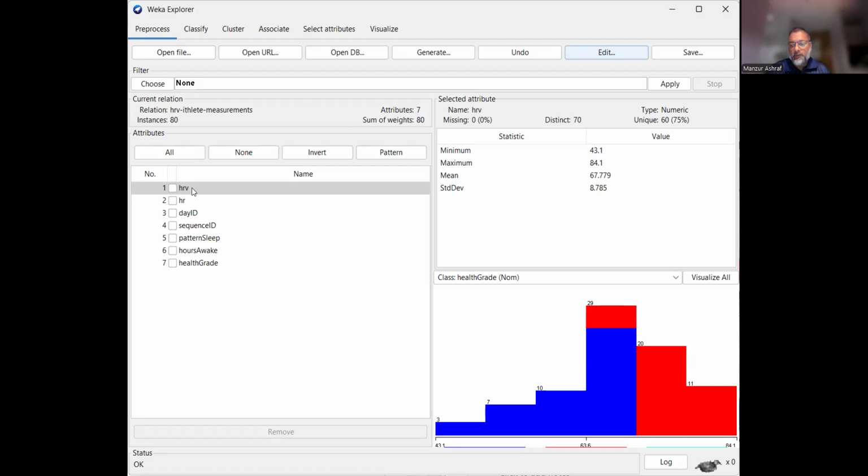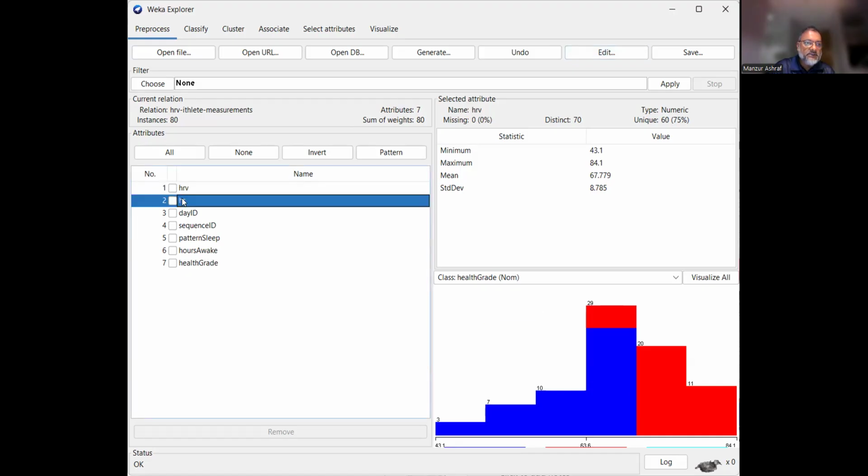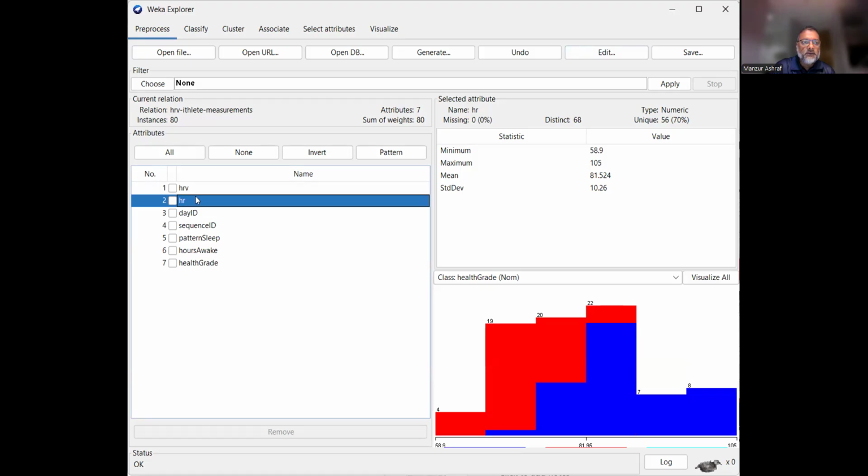We need to have the domain knowledge first. So HRV, if it is higher, it is better, right? Which means the opposite for HR: if it is higher, it has an indirect relationship to health grade, which is lower is better.